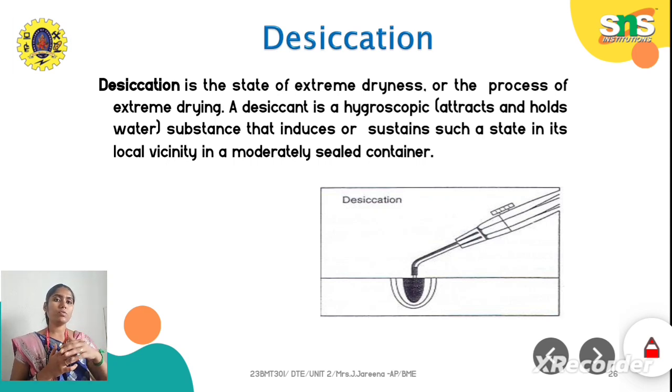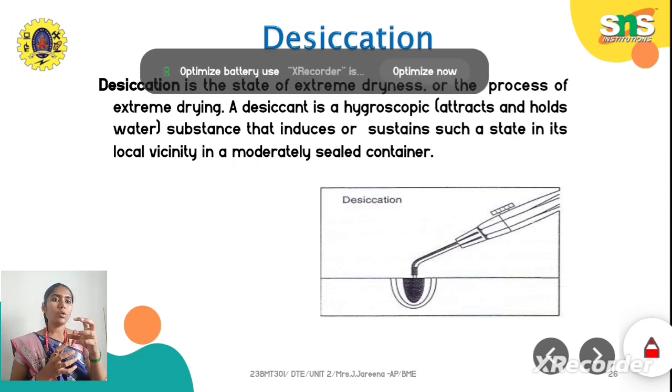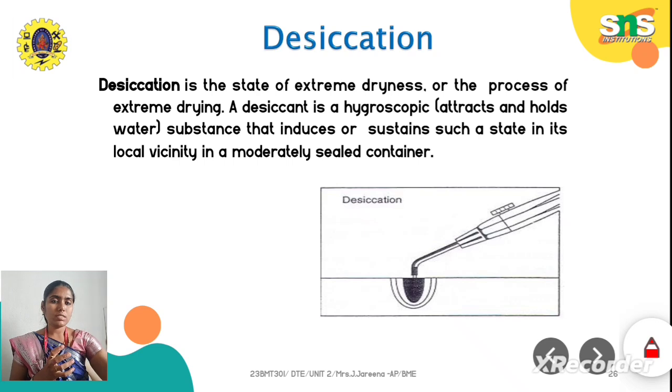That is the process where you are making the cell go into extreme dryness. You are removing all sorts of fluids in the cells, and at the end you are converting the cells into damaged cells. That is called desiccation. Here the desiccant is hygroscopic, so it attracts and holds water, so that the cell goes into an extreme dryness state.